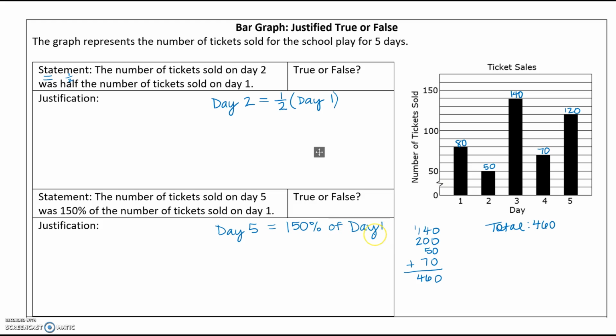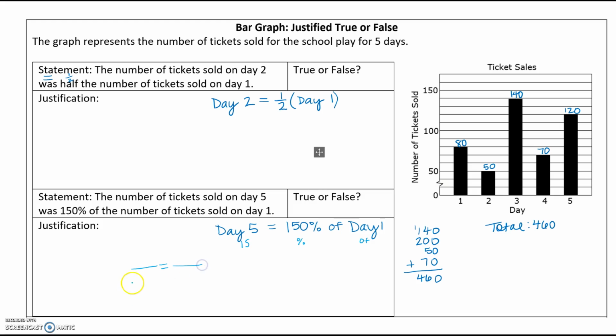Let me change my colors. Day 5 is 150% of day 1. That should look familiar.